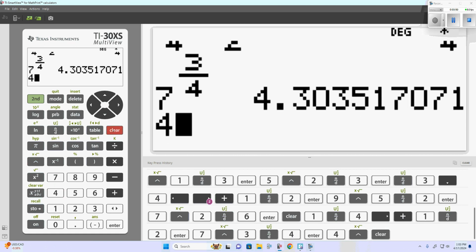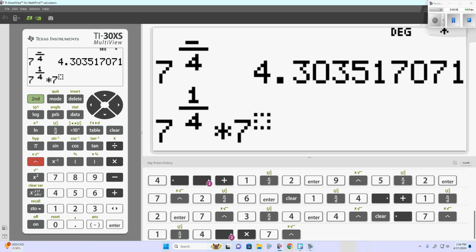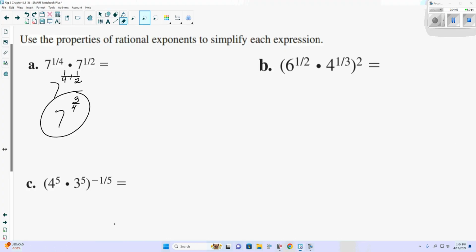Our original one was 7 to the 1/4 times 7 to the 1/2. Kind of hard to see, but we do get the exact same decimal number, so those are equivalent. So our answer is 7 to the 3/4. Questions on this here?